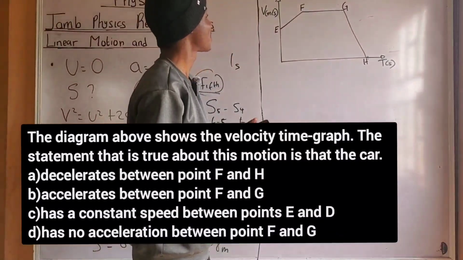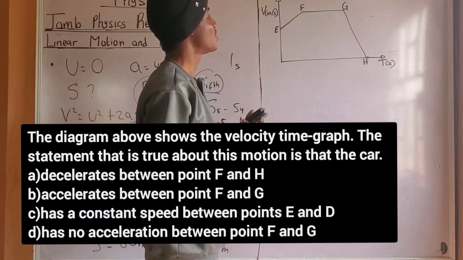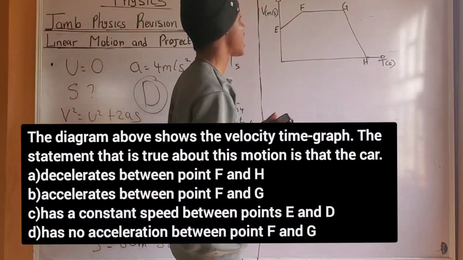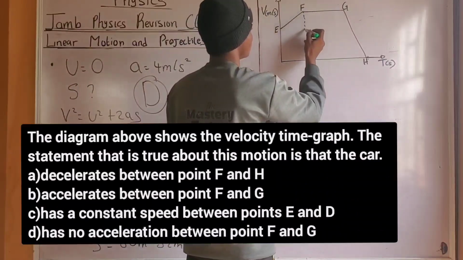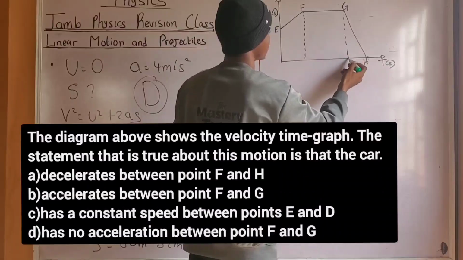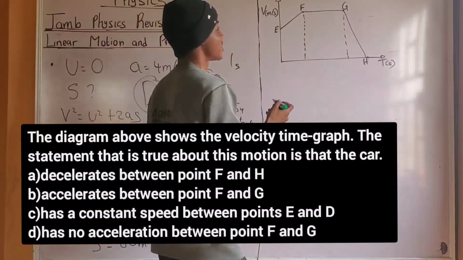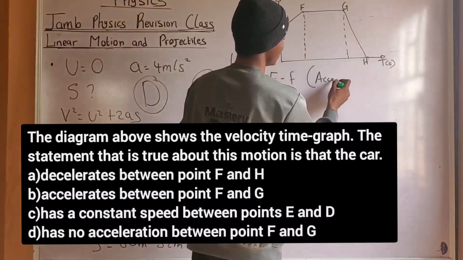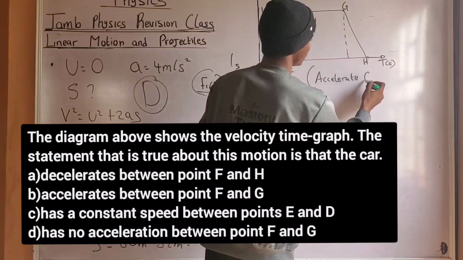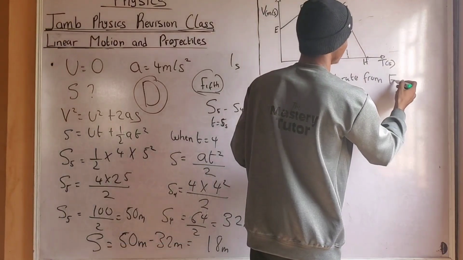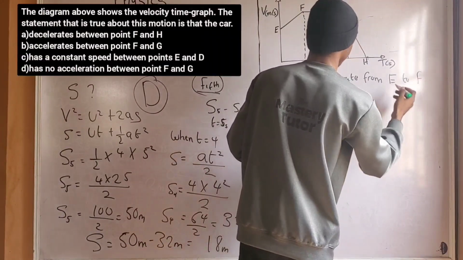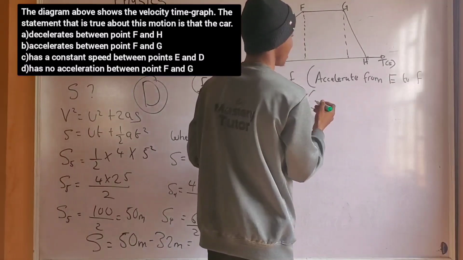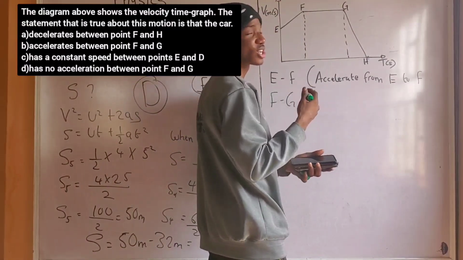Okay, now on this velocity time graph, we have 3 phases. The first phase is the acceleration phase. E to F, the car accelerates. Are you getting it? It accelerates from E to F. Now, F to G, the acceleration of the car is constant.